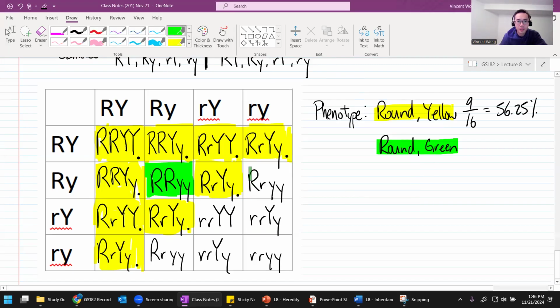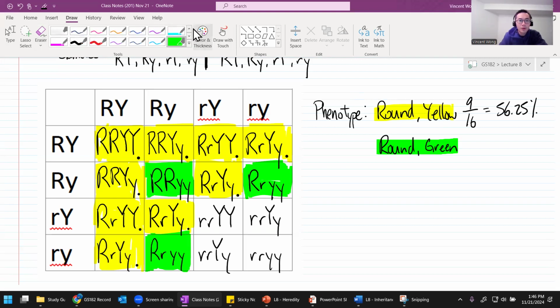Yep, if you find 3, that's correct. There is the round and green. There is another round and green. That would be 3 out of 16. Which if you key it in is 18.75%.